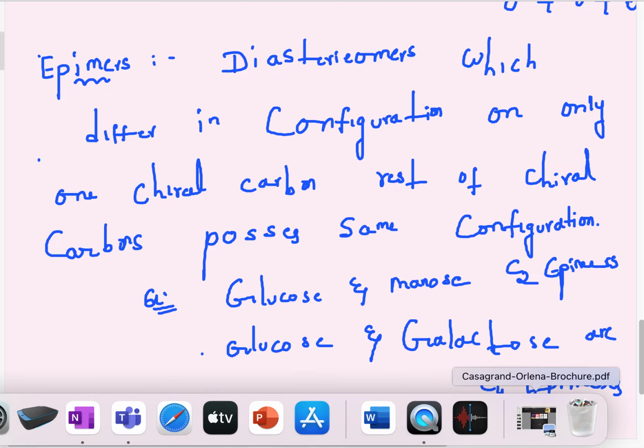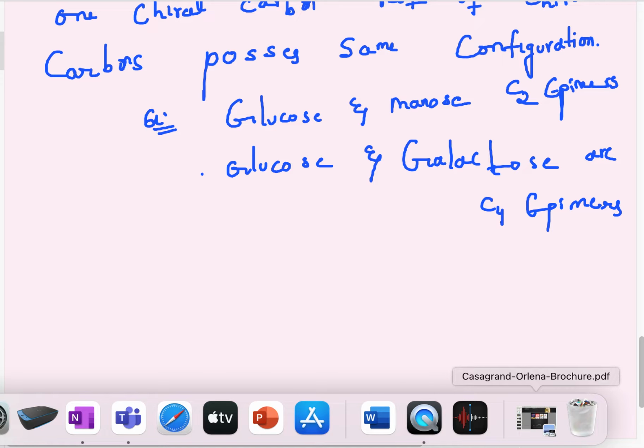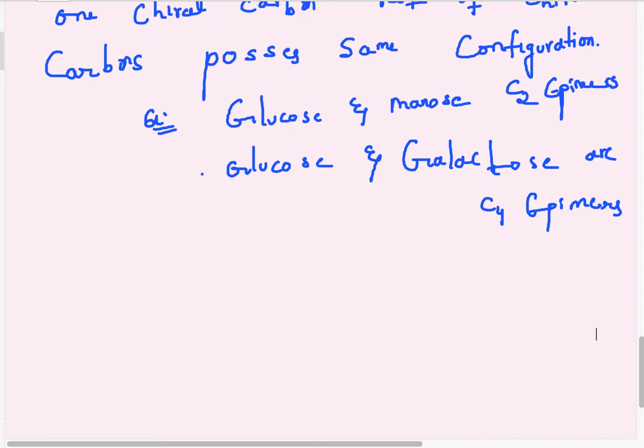Okay. Now, next one. Anomeric carbon also is there. After writing the glucose and fructose structures, I can show it in the structure itself. I will write the definition there. Next important thing is reducing sugars and non-reducing sugars. These two also play an important role. Let me complete that one first.